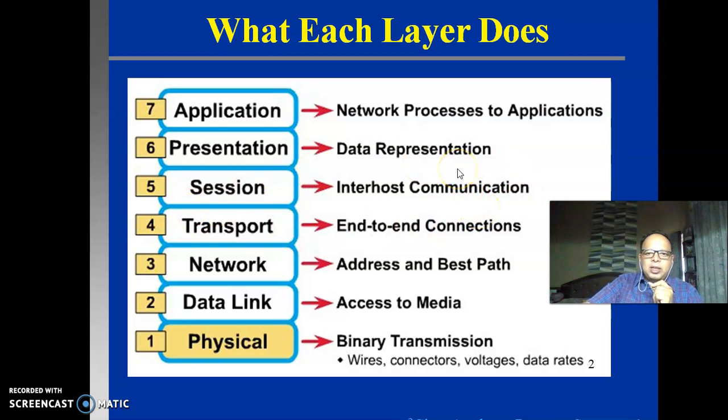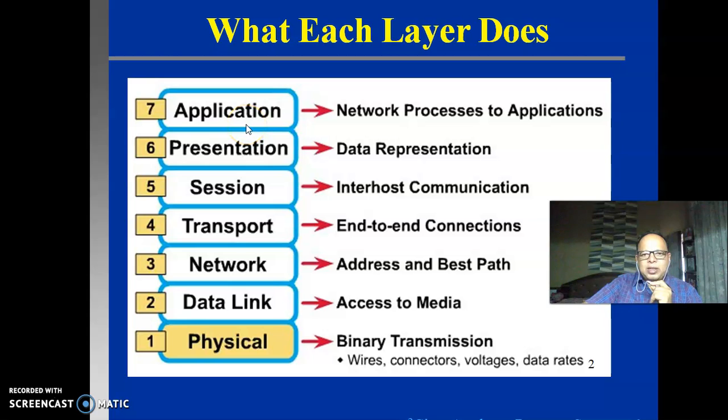Then comes the presentation layer. The presentation layer is entirely responsible for data representation, because data can be represented in so many systems. ASCII is there for representation, while actual data transmission is done in binary. All that conversion is taken care of by the presentation layer, so that the presentability of the data is taken care of.